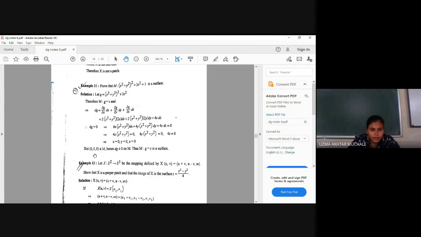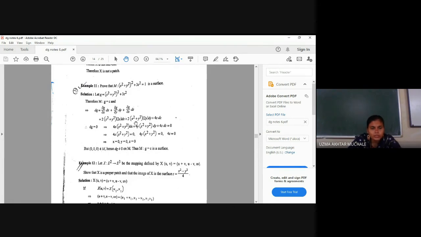Why are we saying this? Because at the point x equal to 0, y equal to 0, z equal to 0, dg is equal to 0. What is our aim to check? dg is not equal to 0. To check dg is not equal to 0 for every point of a surface M is somewhat difficult. So that's why we are checking whether dg is equal to 0. So dg is equal to 0 only at the origin 0, 0, 0.